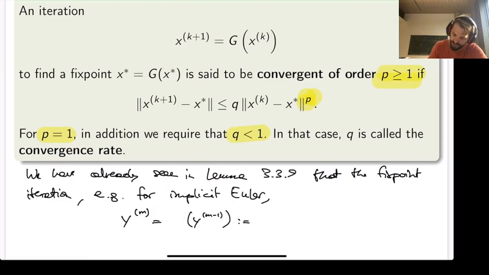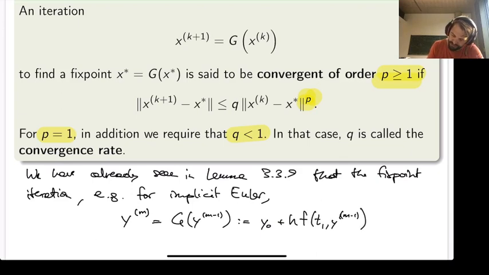So the iteration y_m equals g of y_{m-1}, where we define g as being y_0 plus h times f of t_1, y_{m-1}.